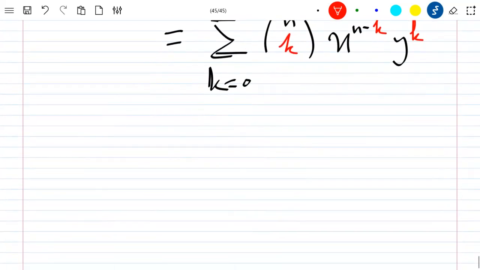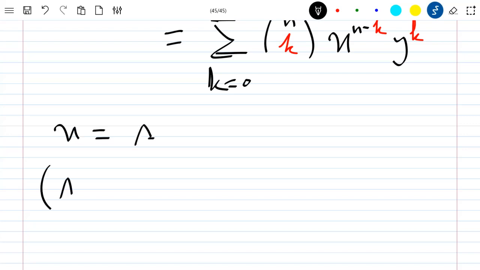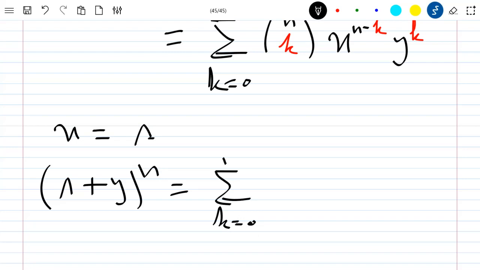Okay, now if x is equal to 1, the sum will be (1 plus y) power n, which is the summation for k from 0 to n of n choose k.